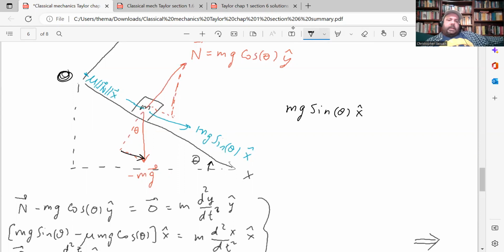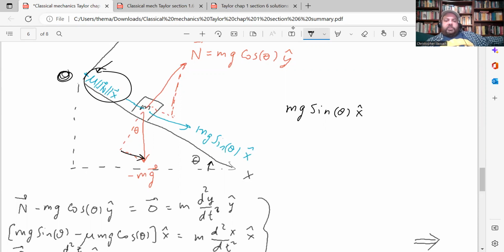Okay. And then we have the force due to friction. Is that the right way to say it? In the opposite direction to that, it's proportional to the magnitude of the normal vector. The constant of proportion is mu.